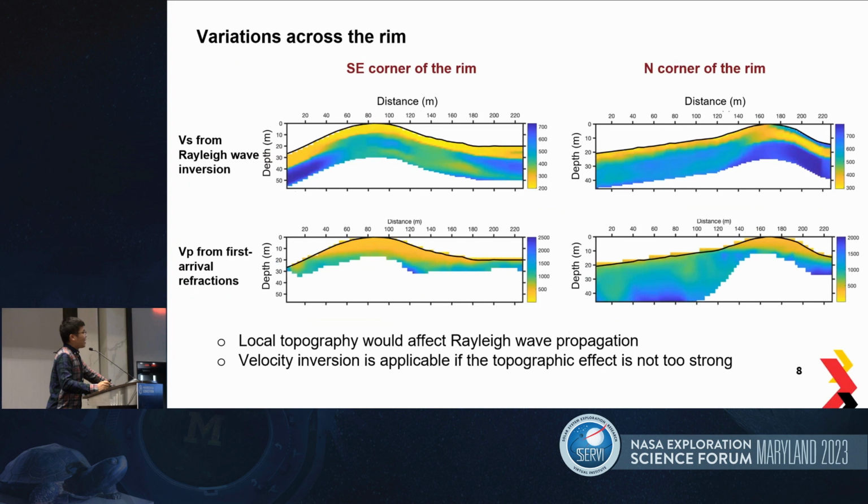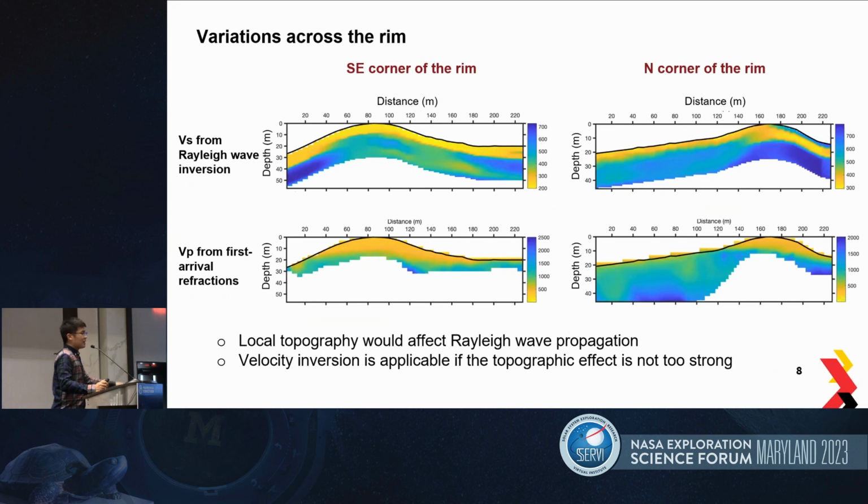Next, we apply our workflow to seismic lines across the rim where we have very strong topography. So here we have both a depressed and uplifted topography. The VS structure differs significantly from the VP structure, especially towards the end of the seismic profiles.